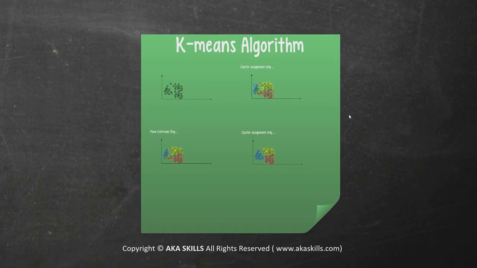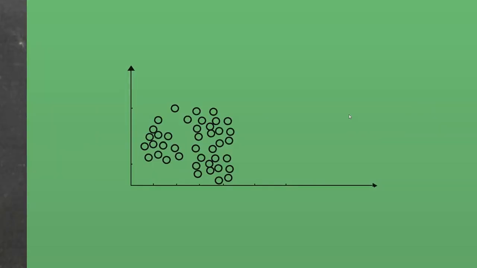So let's start with the k-means algorithm. This is our given data, and we want to predict clusters or groups for this data. So what I'm gonna do is explain the algorithm itself. That means this is really important.